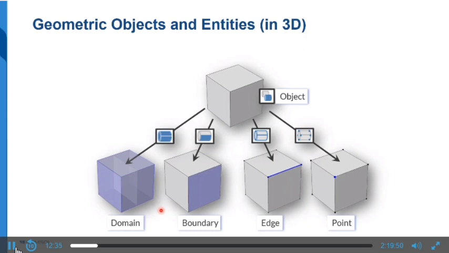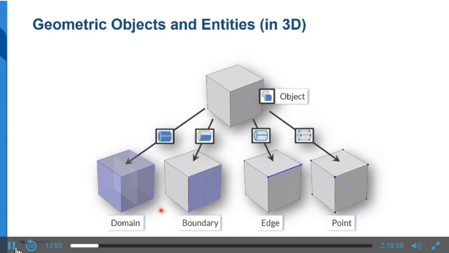But what do we mean by domain, boundary, edge, or point? Because you can work in a 3D modeling environment, 2D modeling environment, 1D modeling environment as well. So let's see how to understand that. To start with, when we are working in 3D, the volumetric entity will be considered as domain. The surface level entities will be considered as boundary, and edge and point will have the usual meaning.